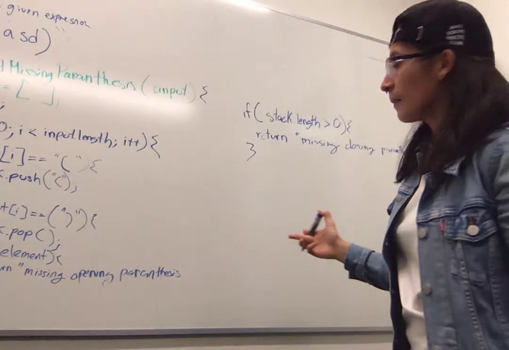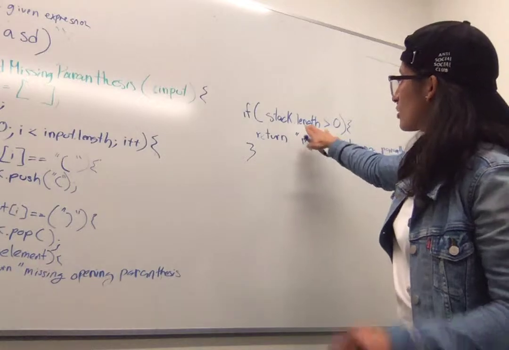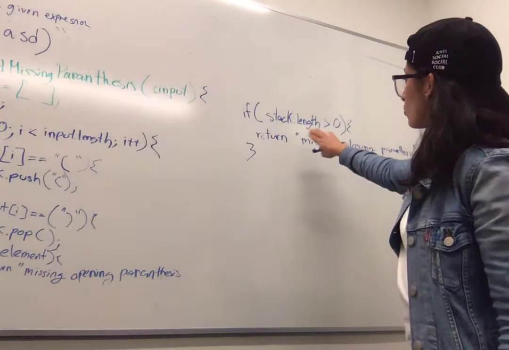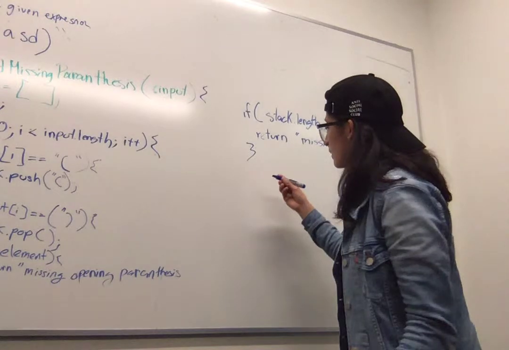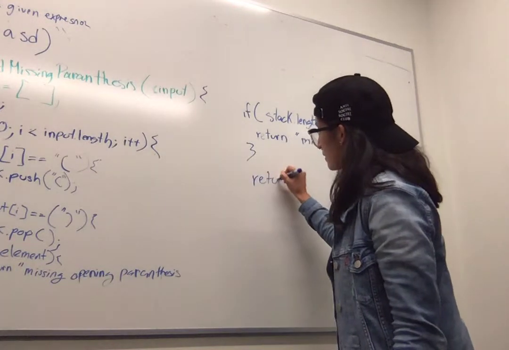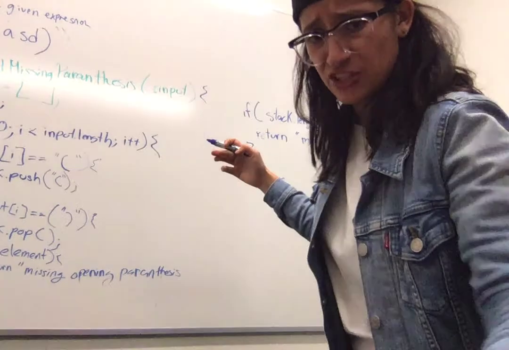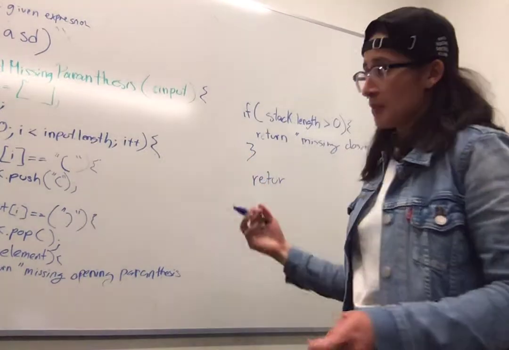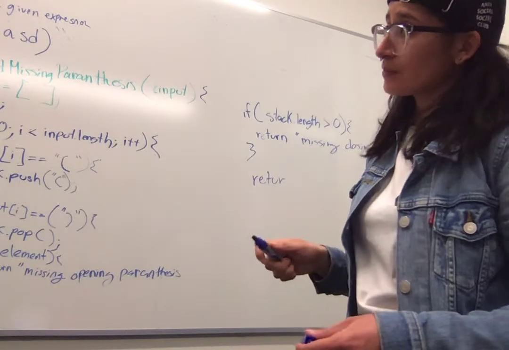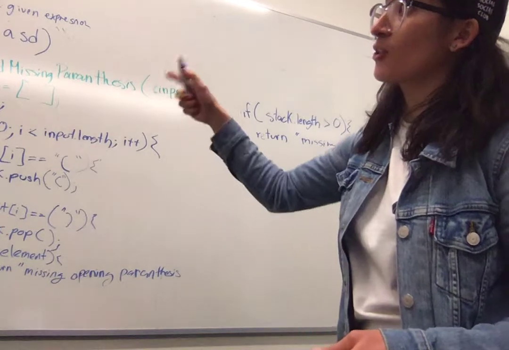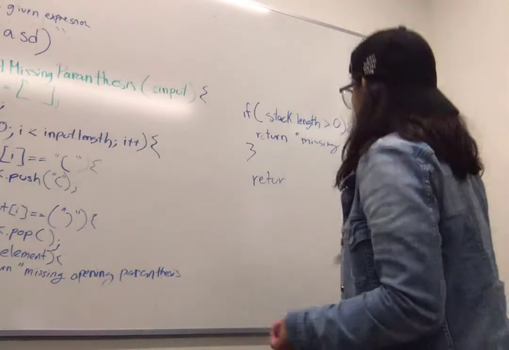Now, should it not hit that condition, we're going to have a final return statement that's going to tell us that our input is actually balanced. It has the same amount of opening and closing parentheses, and it also starts with an opening parenthesis.